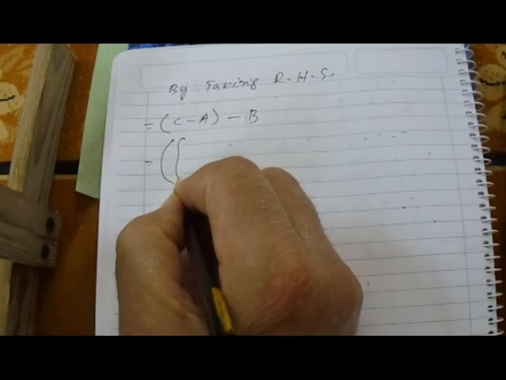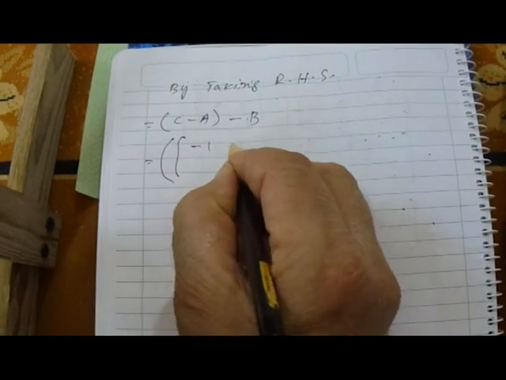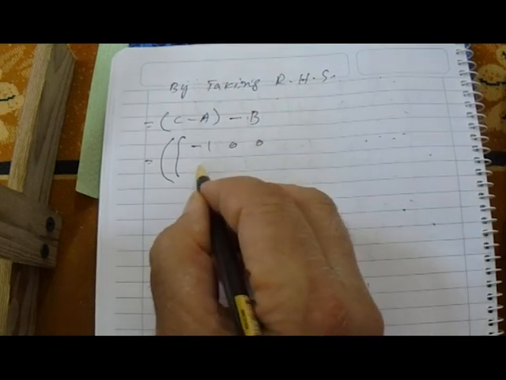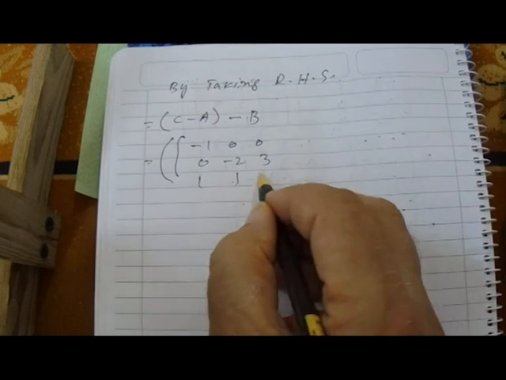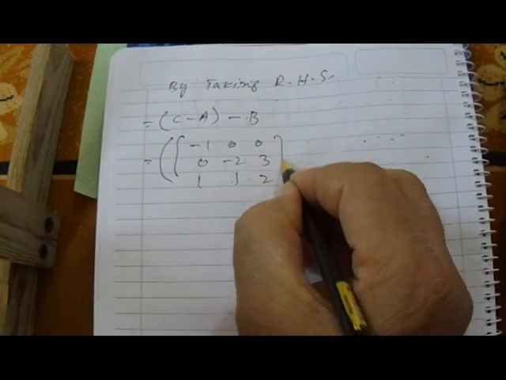Now we write C matrix. C is minus 1 0 0, 0 minus 2 3, and 1 1 and 2. Now this is our C matrix.